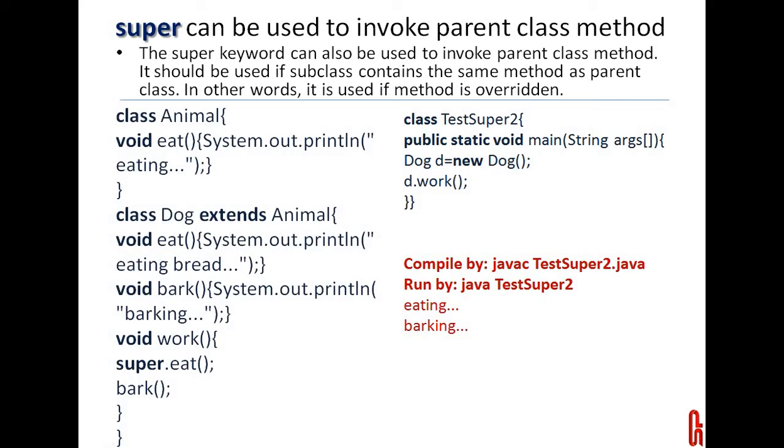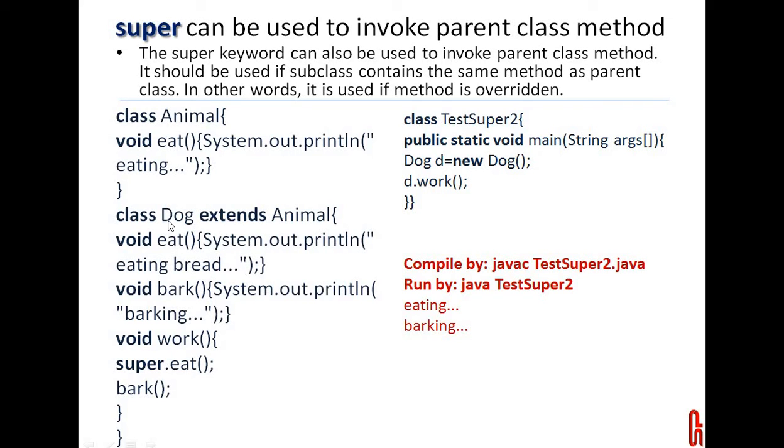Inside the work method, two method invocation statements are there, super.eat and bark. Here the keyword super will refer to the immediate superclass of class Dog, because that is inside the Dog class.